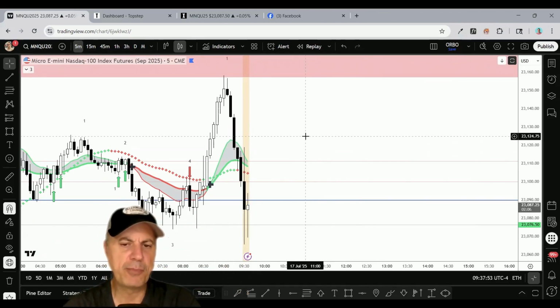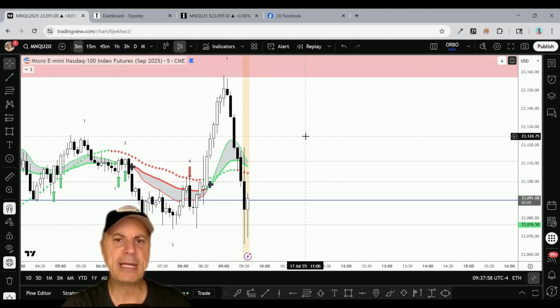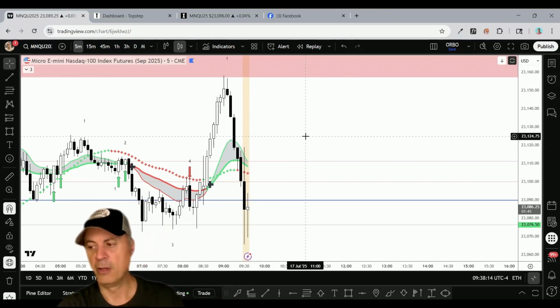And see if those bonus components are in alignment with your main components, right? 3-hour CCI above the zero line, 1-hour CCI above the zero line, 1-hour price above the 50 simple moving average. Those three are the major components.